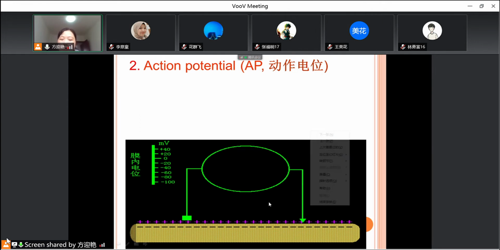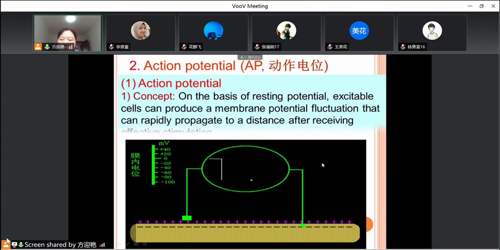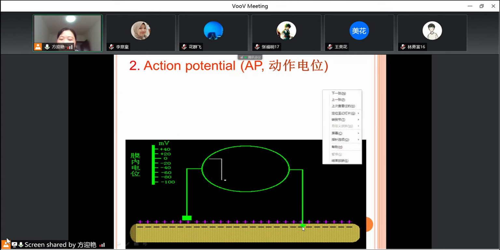Then we insert the electrode into the cell membrane, and we can see the record.